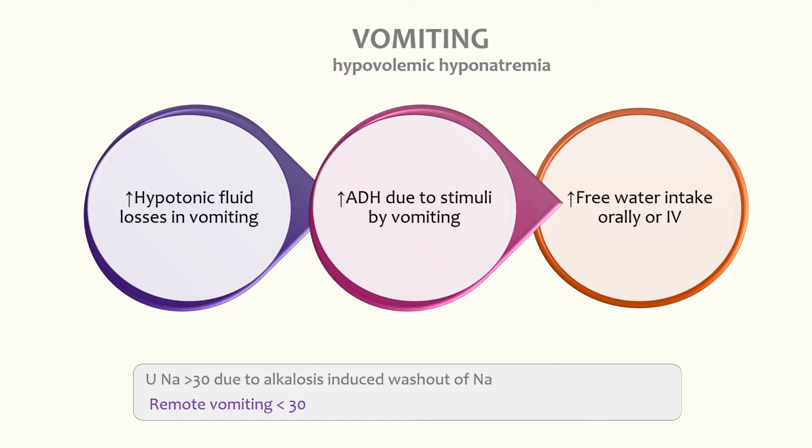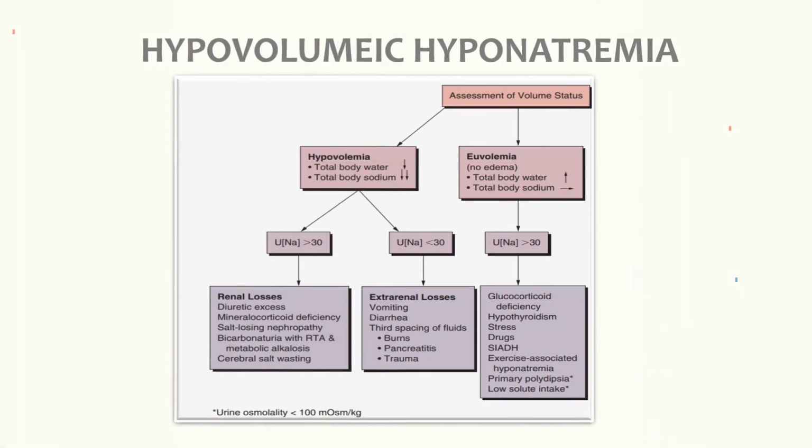And if you were to do a urine sodium, then you may get sodium more than 30 or less than 30 in conditions of hypovolemic hyponatremia, as we go on and see. So here I'll just show you the flow chart.